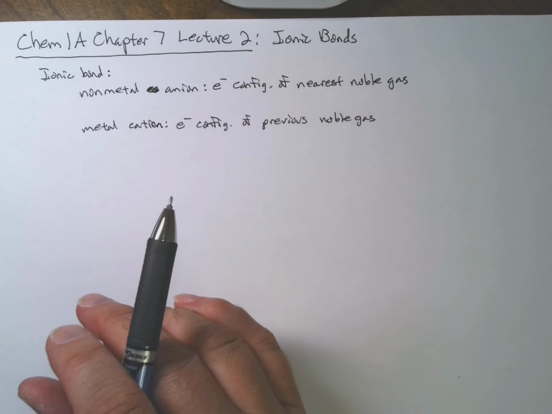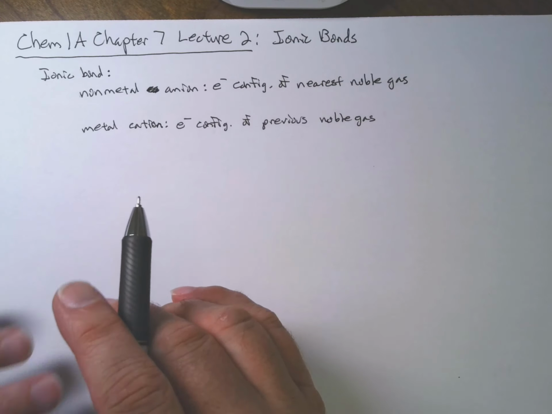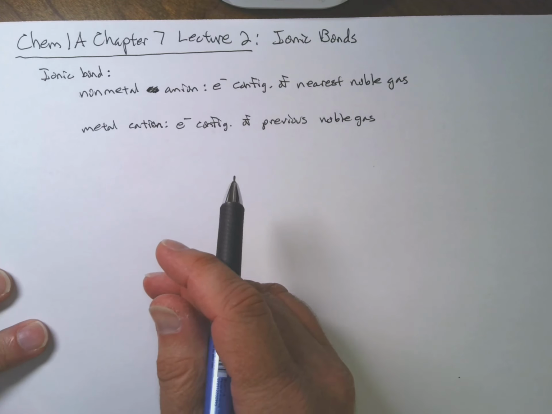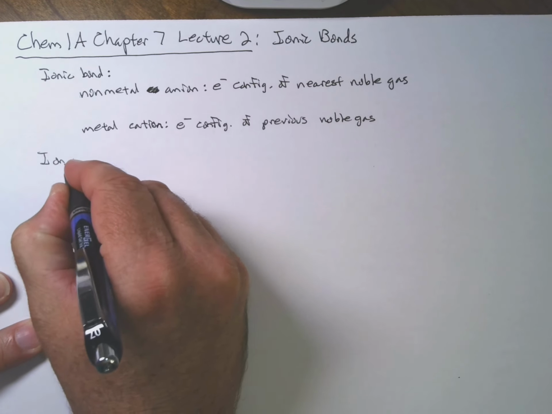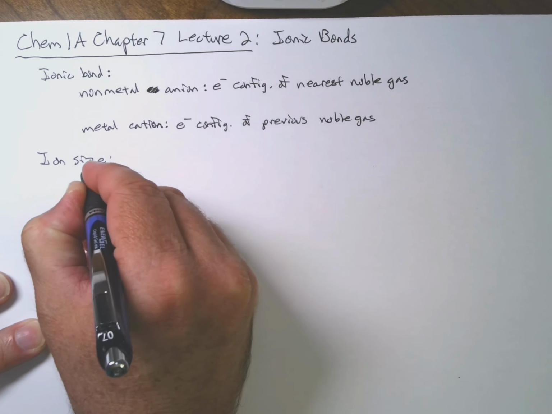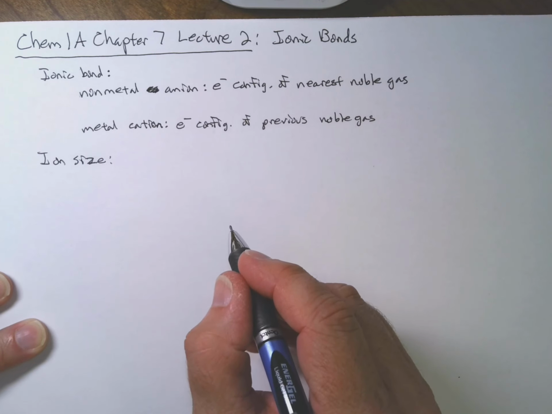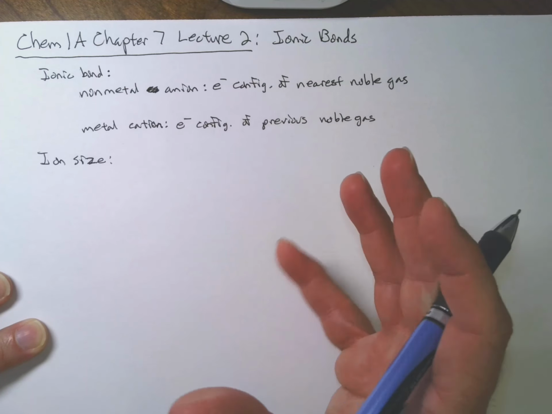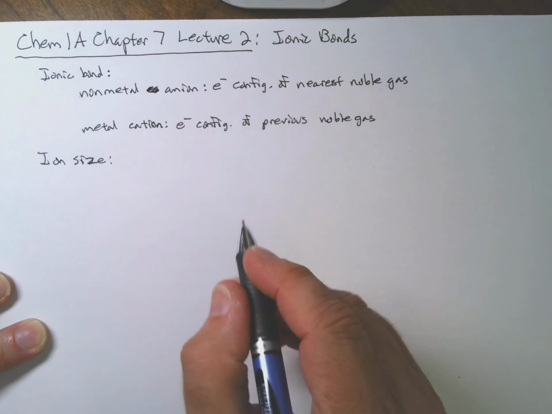We have to think about the size of ions, and it's kind of difficult to measure the size of ions exactly, just like measuring the size of a neutral atom is very, very difficult.